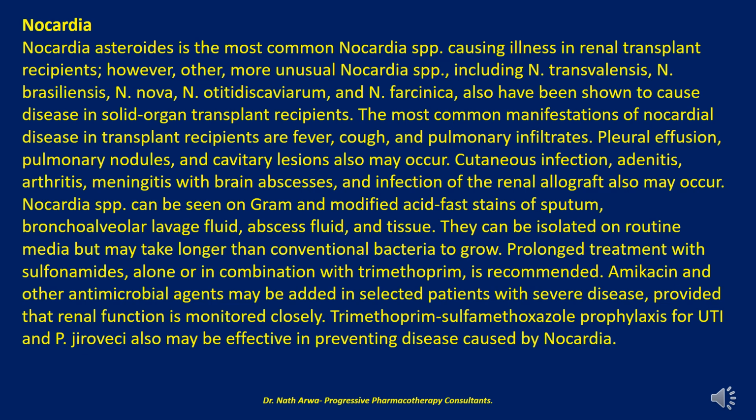Amikacin and other antimicrobial agents may be added in selected patients with severe disease, provided that renal function is monitored closely. Trimethoprim-sulfamethoxazole prophylaxis for urinary tract infection and Pneumocystis jirovecii also may be effective in preventing disease caused by Nocardia.